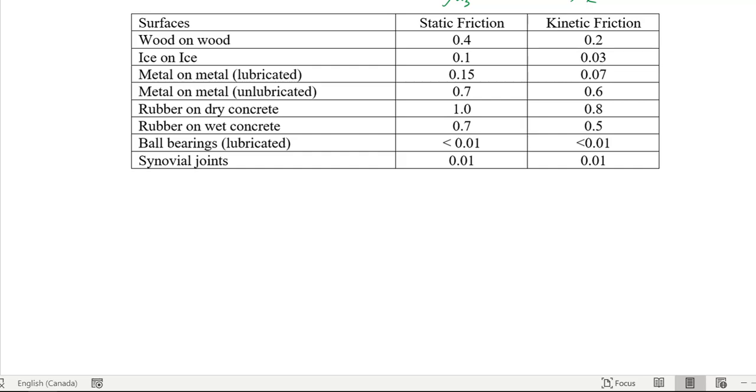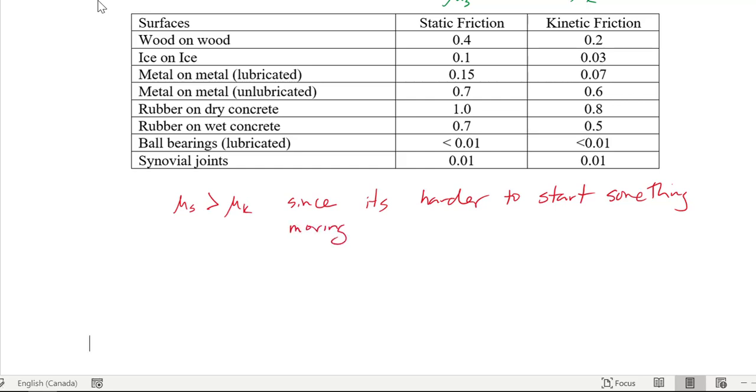A couple of things that we notice, though, is that, number one, mu s is always bigger than mu k, since it's harder to start something moving than keep it moving.